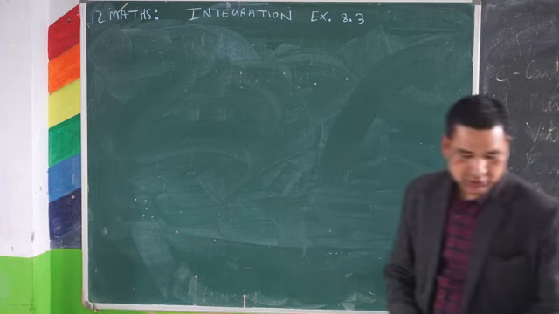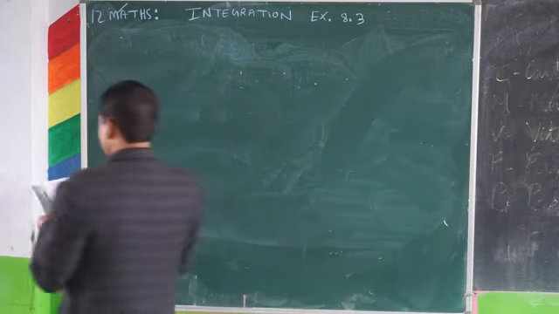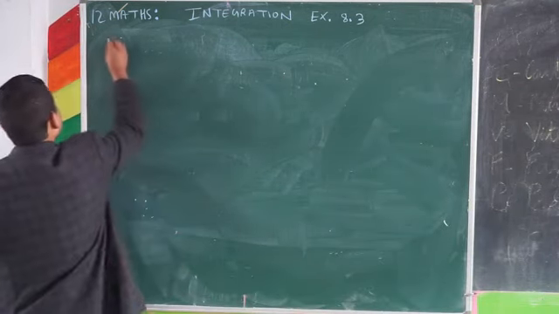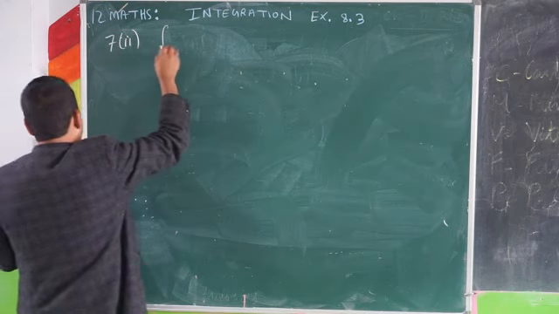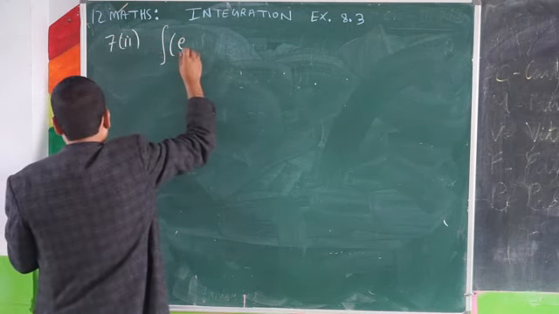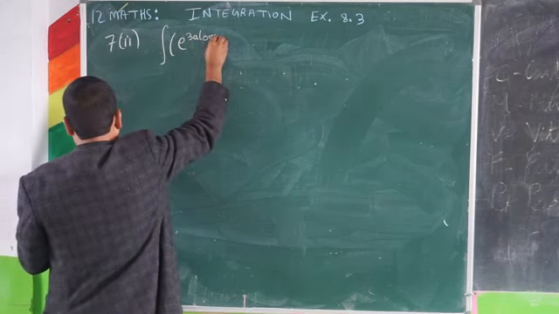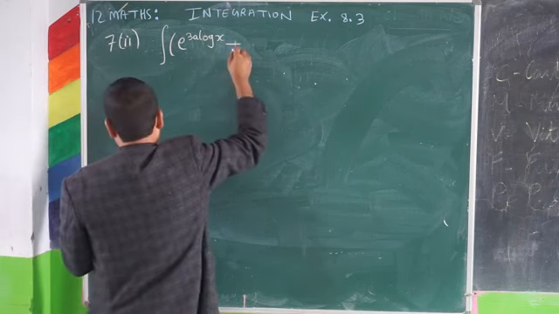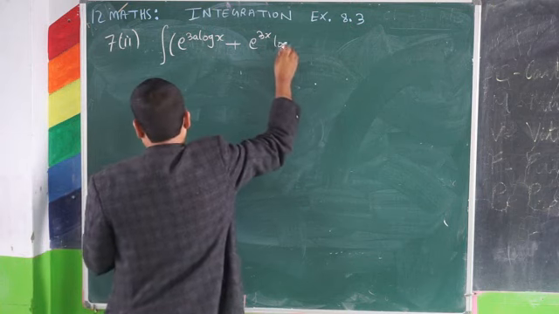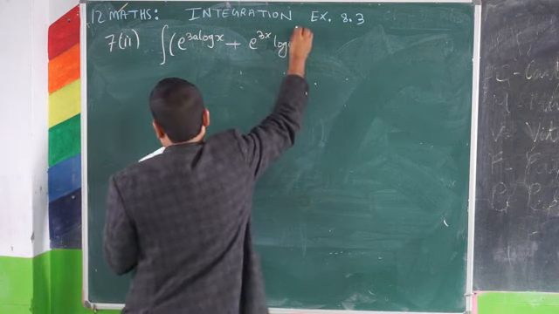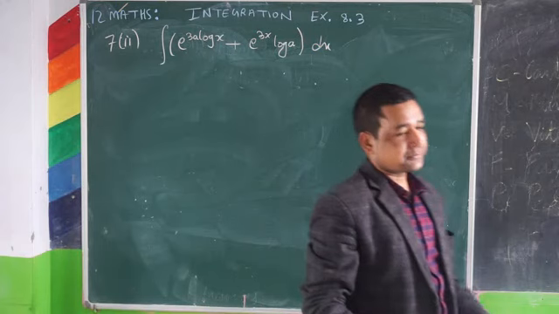The question is the integral of (e to the power 3 log x plus e to the power 3x log a) dx. Now this is the question asked to do the integration.